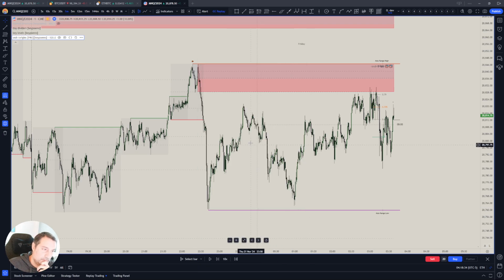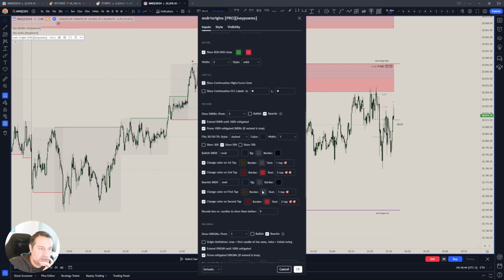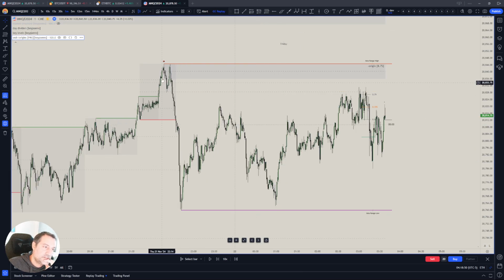And as you can see, now there's some overlap, so we need to pick what to show. I want to show you why this happens. So let me hide the SNDR for now. Okay. So as you can see, this is a zone. We broke to the downside. We mark 50% of it.